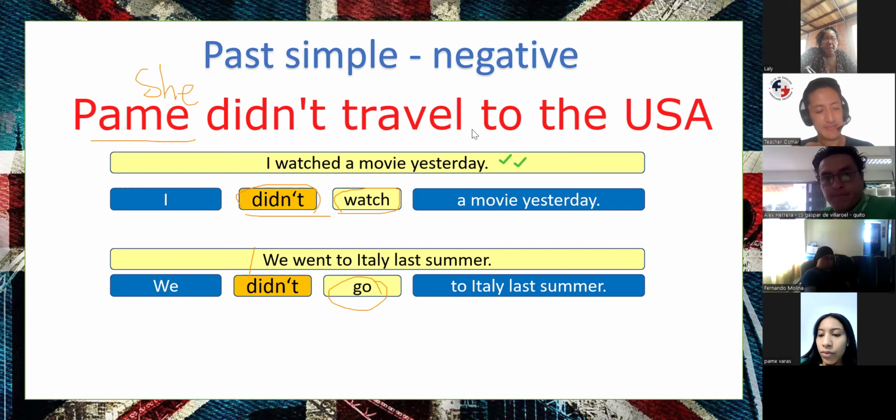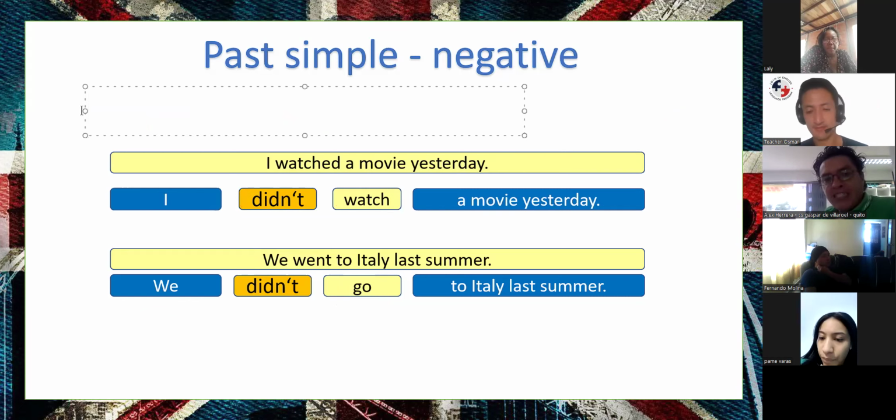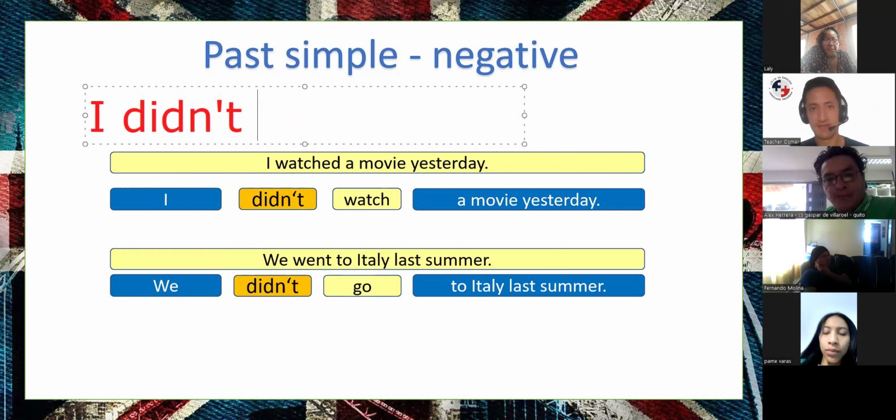Correcto. Perfect. Any other question? Is all clear, Lali? Yes? Yes, teacher. Excellent. So tell me, in your case, Lali, tell me something that you didn't do yesterday. I didn't. Algo que no hiciste ayer, something that you didn't do yesterday.